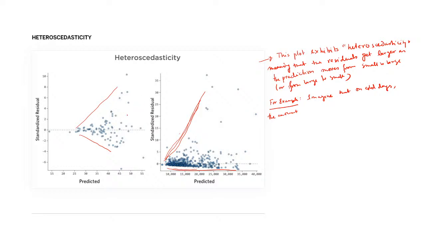From the residual plot we can verify whether the assumptions of homoscedasticity and linearity hold or not.